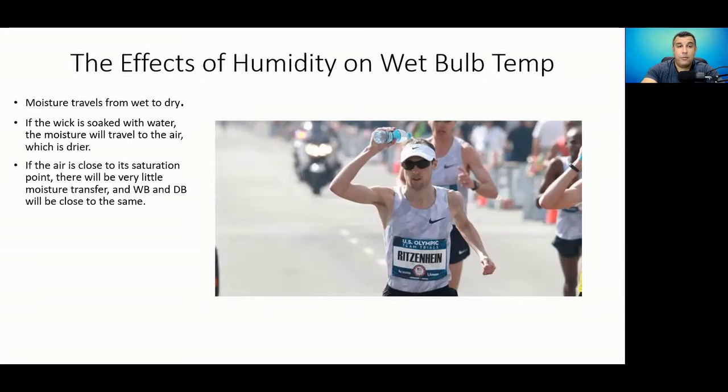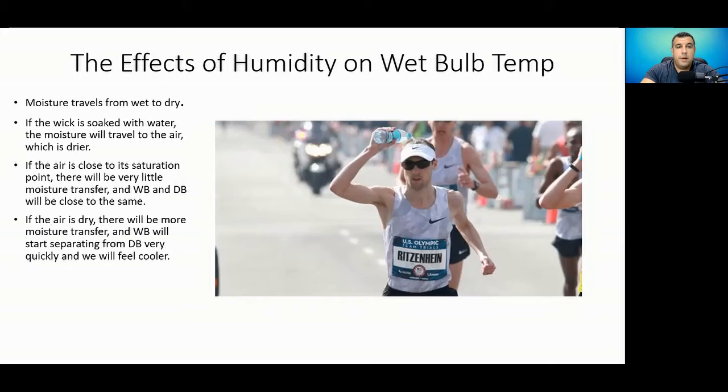Now, if the air around the wick is close to its saturation point, so it's very humid air, there'll be very little moisture transfer because the air cannot absorb much more moisture than what it already has. And so wet bulb and dry bulb temperatures will be very close to one another. But if the air is dry or less humid, the air around it is farther away from its saturation point, there is more moisture to absorb off that wick into the air, and your wet bulb and your dry bulb temperature will start separating from each other.